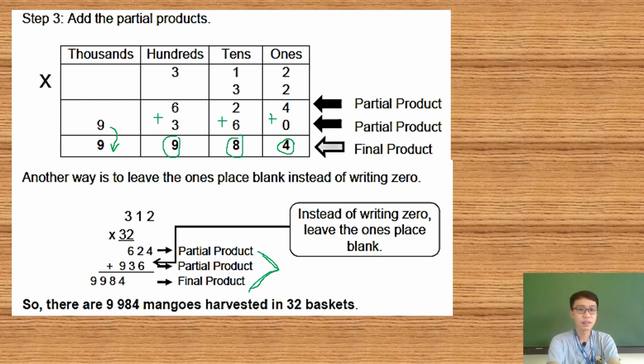So therefore, there are 9,984 mangoes harvested in 32 baskets.